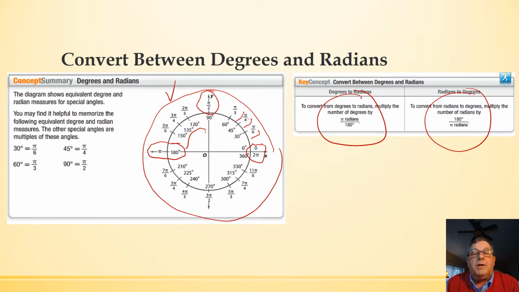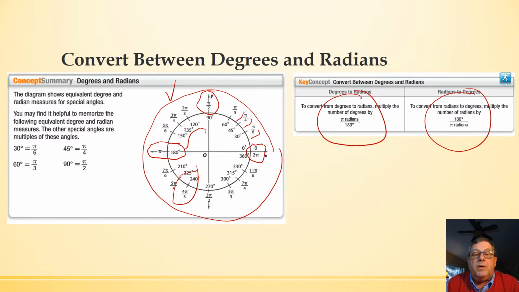And we can see this going all the way across the unit circle. At 120 degrees, that's 2 pi over 3. 135 degrees is 3 pi over 4. 150 degrees is 5 pi over 6. When we get to 210 degrees, that's 7 pi over 6. 225 is 5 pi over 4. 240 is 4 pi over 3.